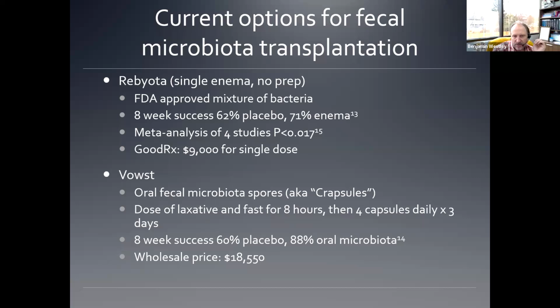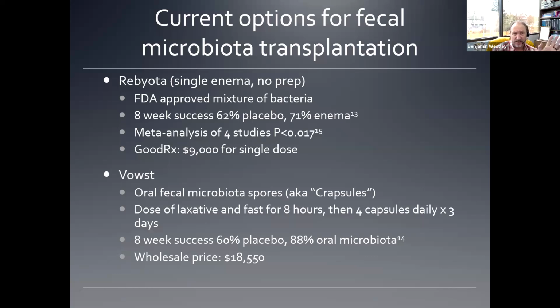And so in this, they actually had very similar data. They had an 8-week success rate of 60% in the placebo group. So those that had multiple relapses, they got placebo crapsules. 60% didn't have another episode, but 80% that got the oral microbiota did not have another episode. So it was more efficacious. The wholesale price is $18,000. That is some expensive crap.